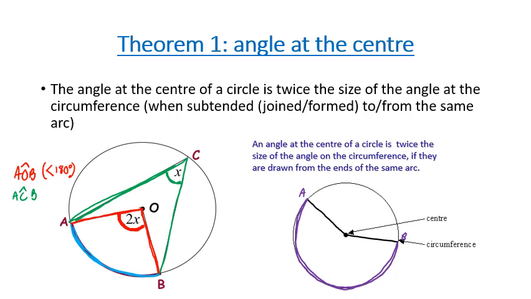And then we have an angle here, which is in red, around here. And let's say we wanted to do another angle in green to point C, we've got an angle there.